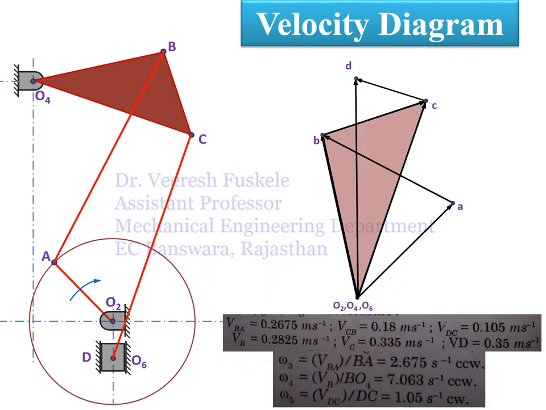So we get the angular velocity of link BA as 2.675 radians per second in the counterclockwise direction, and the angular velocity of link O4B as 7.063 radians per second in the counterclockwise direction, and the angular velocity of link DC as 1.05 radians per second in the clockwise direction. So this is the velocity diagram. In the next lecture we will see how to draw the acceleration diagram.